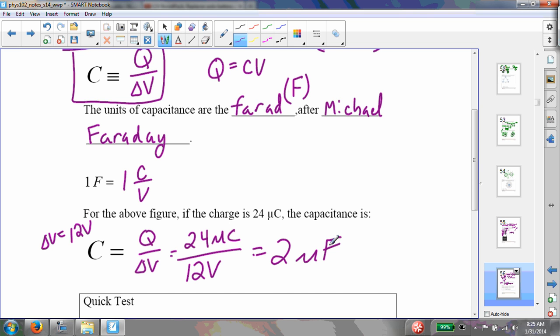Notice what I did here with the units, by the way. I didn't convert this to times 10 to the minus 6 coulombs. I just kept that micro, and then when I carried on into the answer, I remembered it, and I expressed my capacitance in microfarads. Microfarads will be a very common unit for our capacitors. A 1 farad capacitor is a really big capacitor. Usually in circuits, we're talking about microfarads or even smaller capacitors.